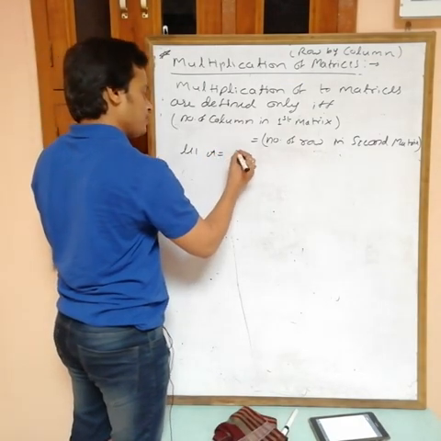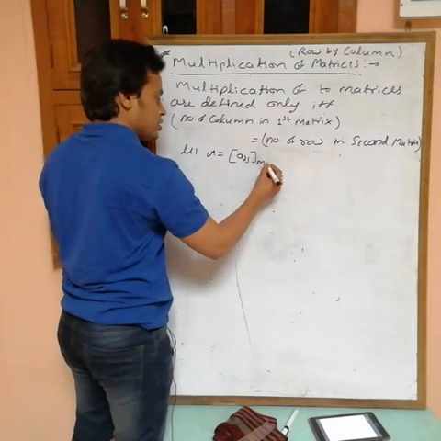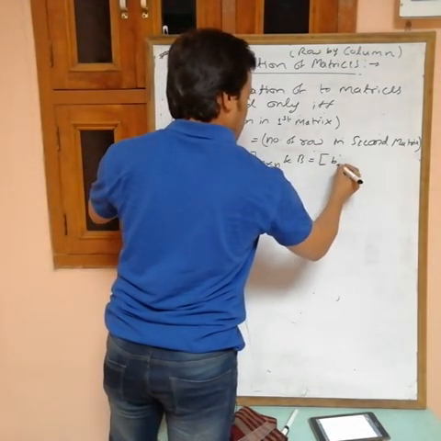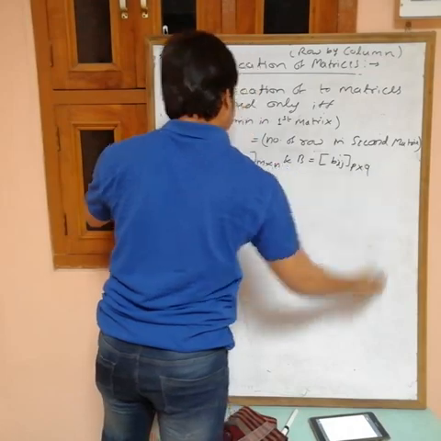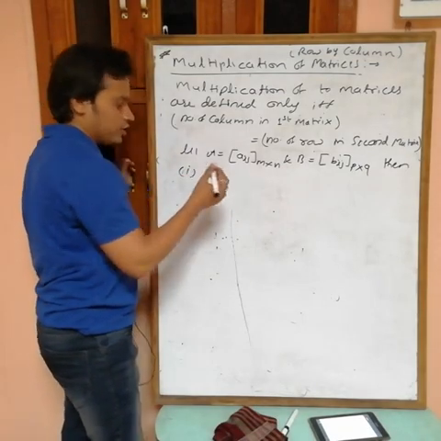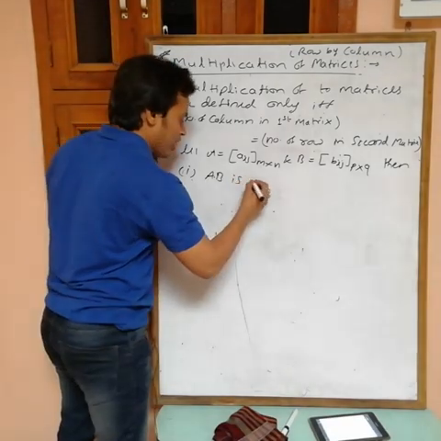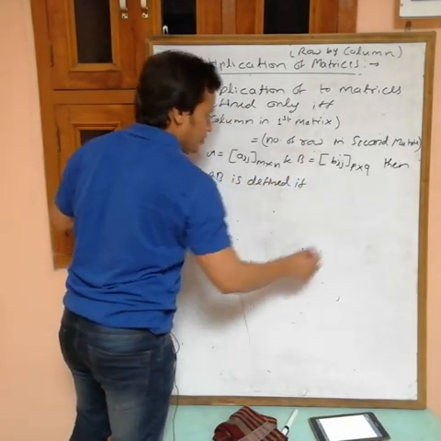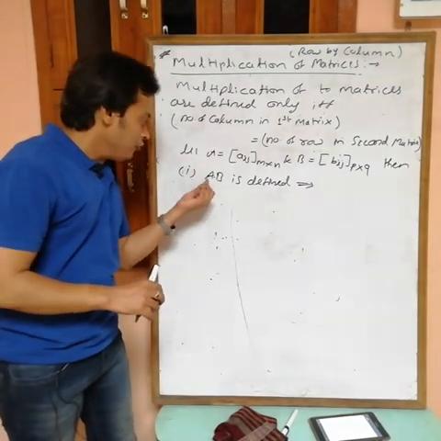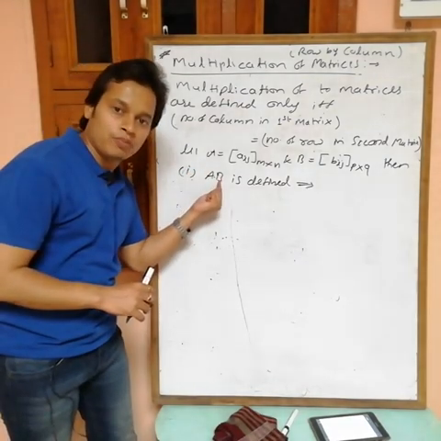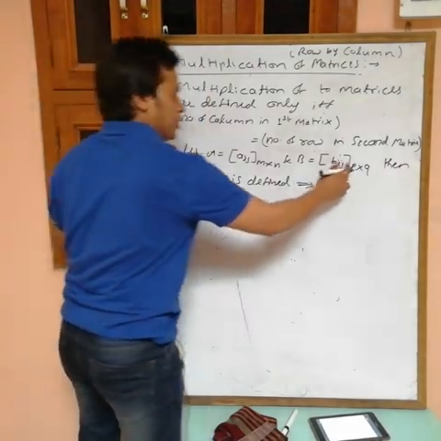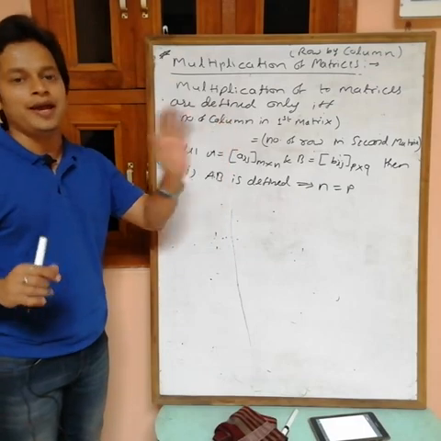Let A equal Aij whose order is m by n, and B equal Bij of order P by Q. Then A into B is defined if the number of columns in A equals the number of rows in B. The number of columns in A is n, the number of rows in B is P. If n is equal to P, then only A into B is defined.